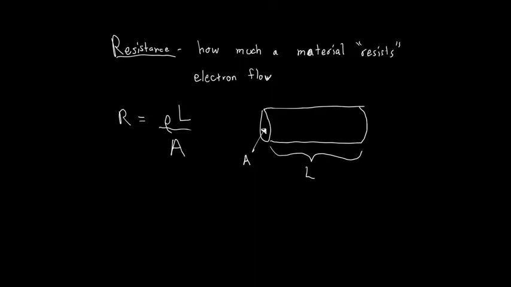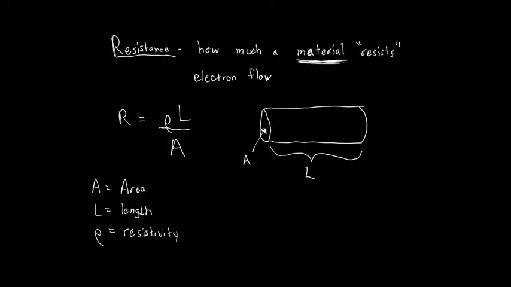So A is the area of your wire. L is the length of your wire. And then rho is something called the resistivity of your material. So that's intrinsic to the material itself.